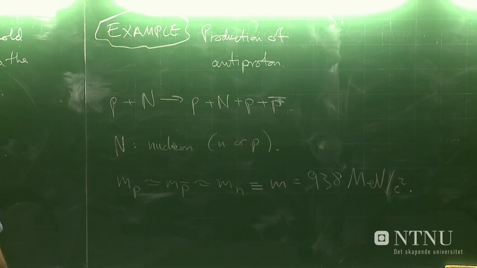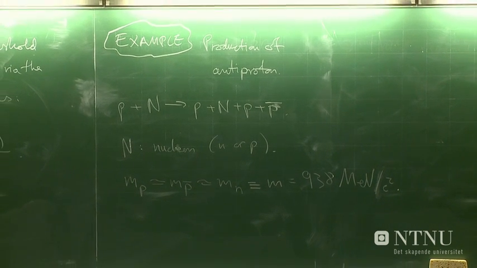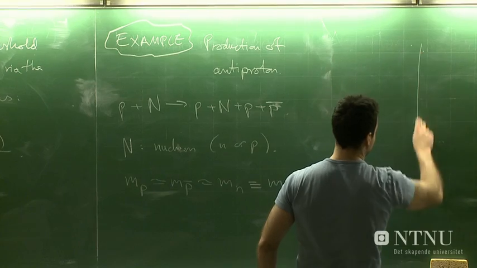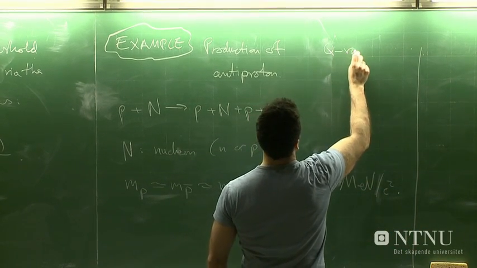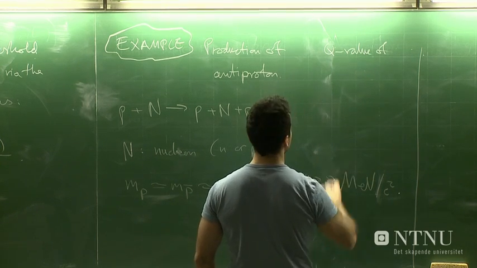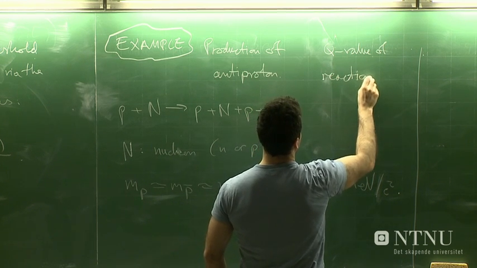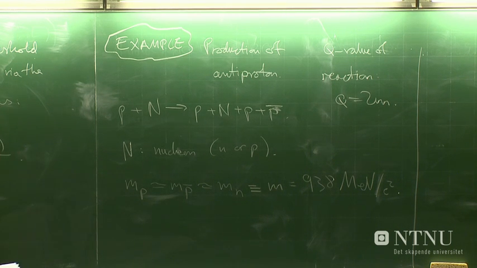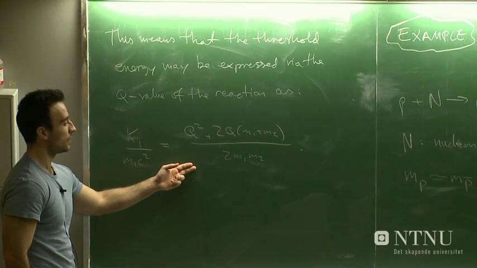Okay, so what's the Q value for this reaction? Two. 2m. Exactly. It's just 4m minus 2m. So we may then just plug it into our formula here to find what is the threshold energy.